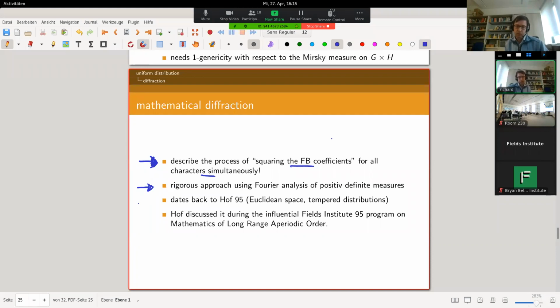Essentially, this is Bochner's theorem. And this dates back to Hof in 1995, where he has been doing it in Euclidean space, tempered distributions. And I also think we discussed it very much in the 95 program on mathematics of long-range aperiodic order at the Fields Institute. So some sort of history here, which is unfamiliar to me because I entered the subject just after this time.